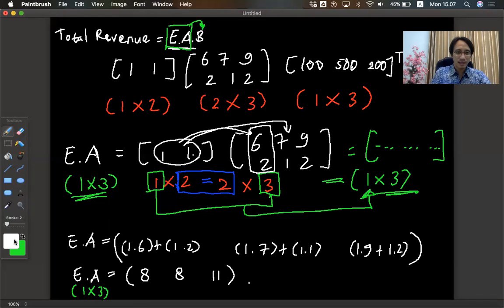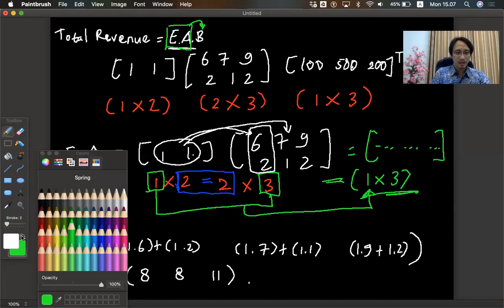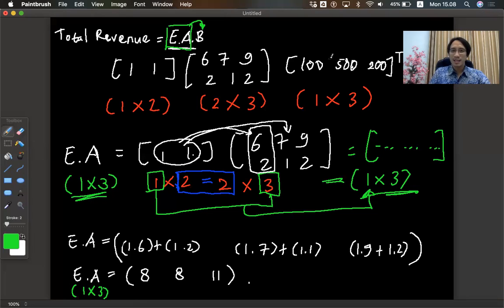So for the B, sorry, this one. B is 1 times 3. And we have A, and A equals 1 times 3.